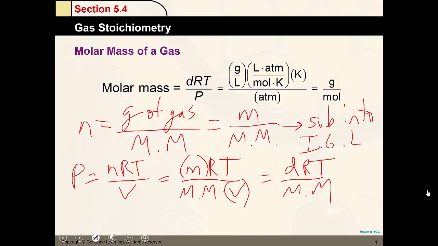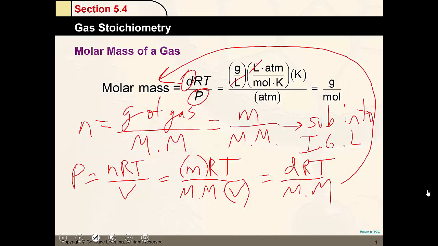So then we can rearrange this equation to solve for either molar mass, which we did up here, that's dRT over the pressure. And keep in mind, still, since we're using the universal gas constant, pressure has to be in atmospheres, and this density will be in grams per liter in order to cancel out this unit.